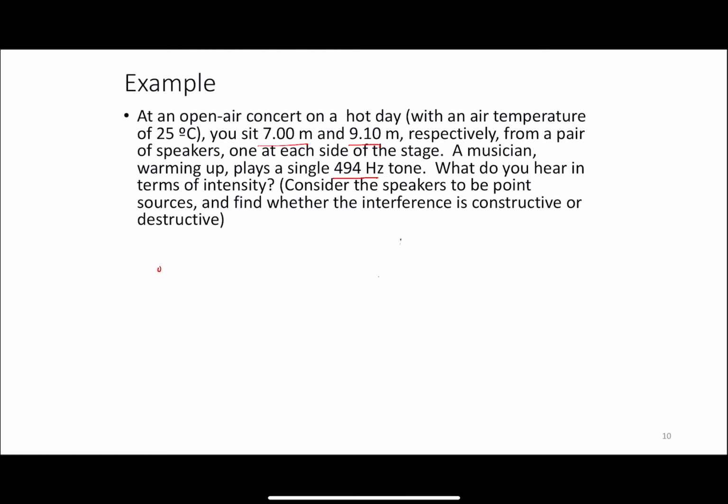So we again have two sources of sound, A and B, and you are the detector P. Your distance from A happens to be 7 meters, and you are 9.1 meters from the other source. So what is the path difference?